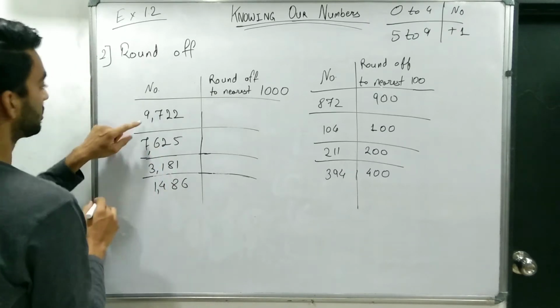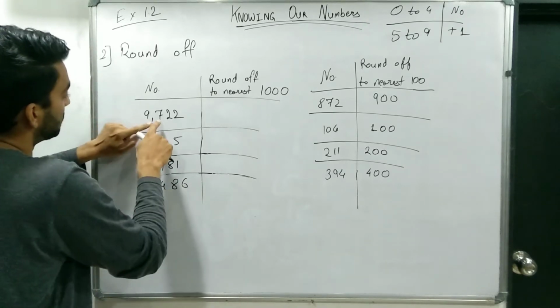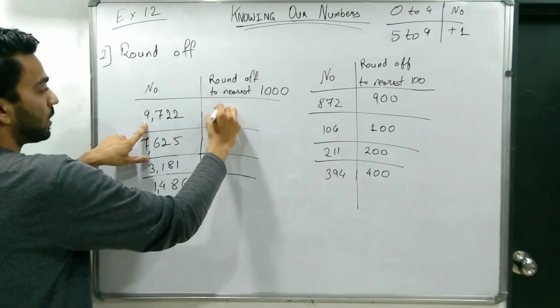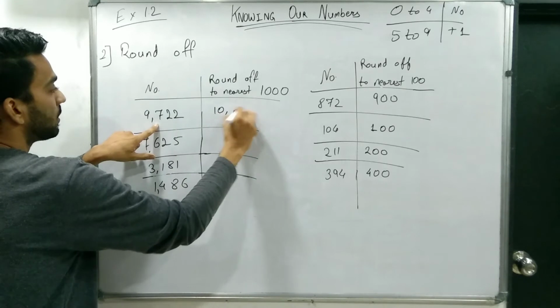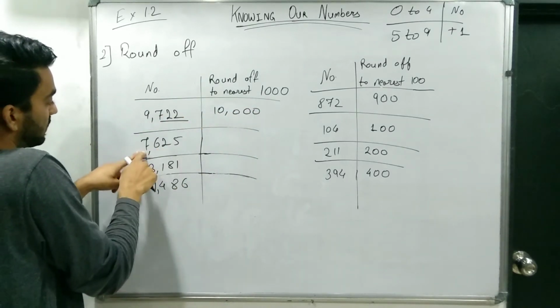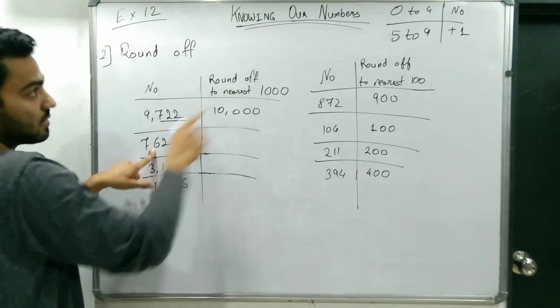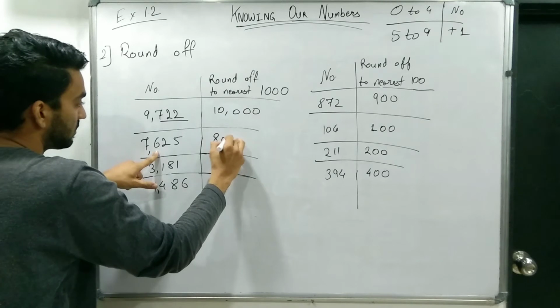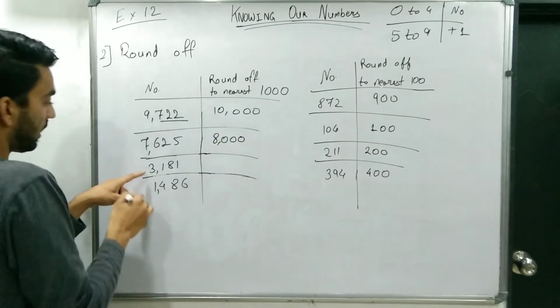So the 1000's place is this, the next digit is 7 which is in the second group, so 1 will be added here. 9 plus 1 is 10 and these digits will become 0. Next 7 6 2 5, this is the 1000's place, the next digit is in the second group, so 7 plus 1 will be done and these digits will become 0.